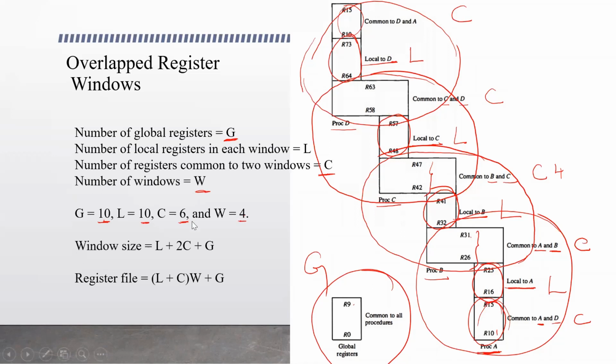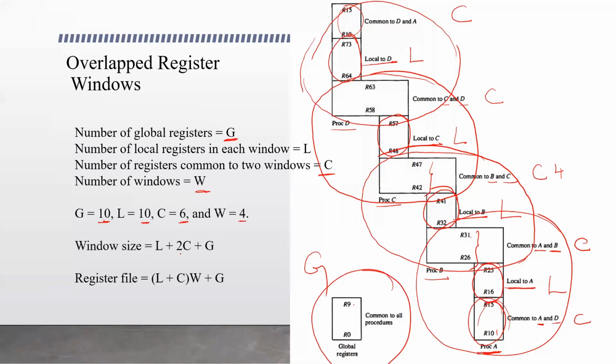So how do we find the window size? Window size is calculated as L plus 2C plus G. We are calculating one window size, which is the number of registers available for each procedure.